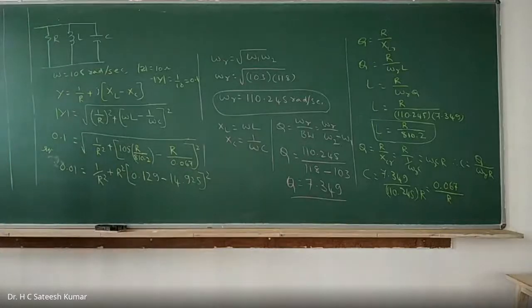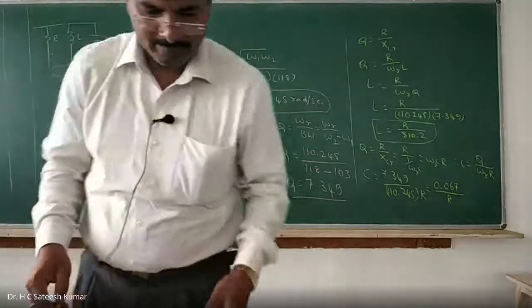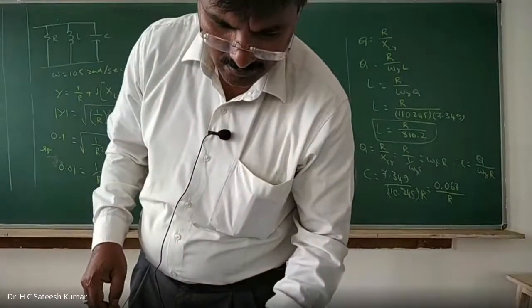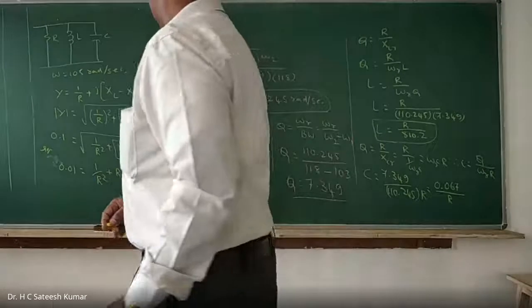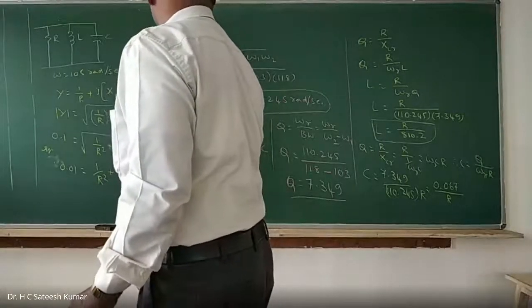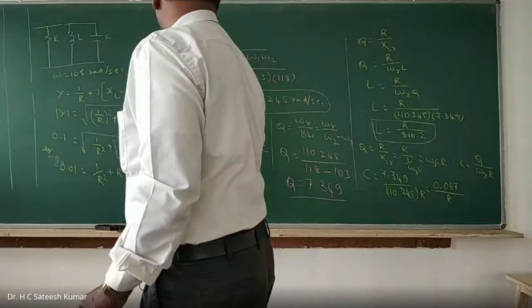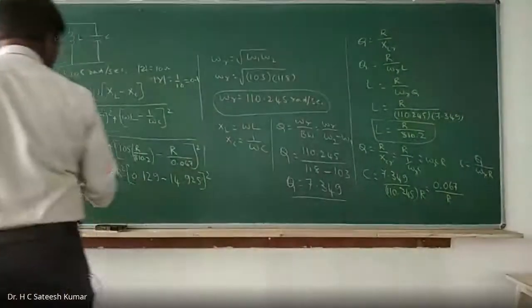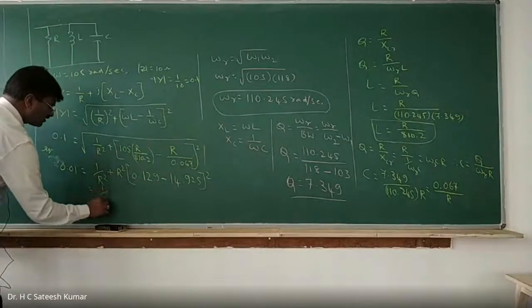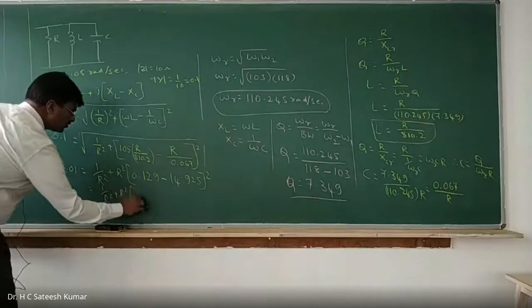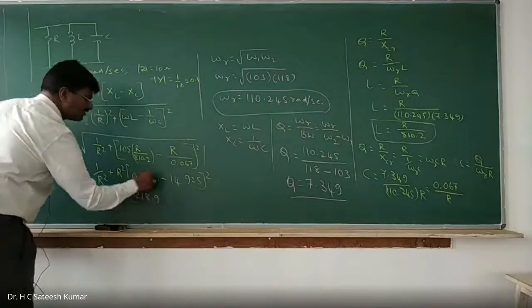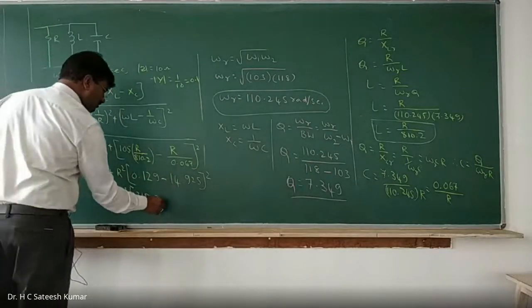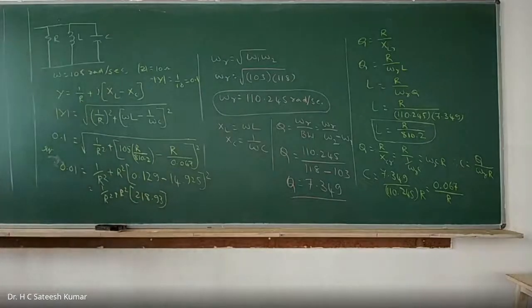How much is that? 218. This one, 1 by R square plus R square into 218 point, squared, and subtract. 0.993 we got it.